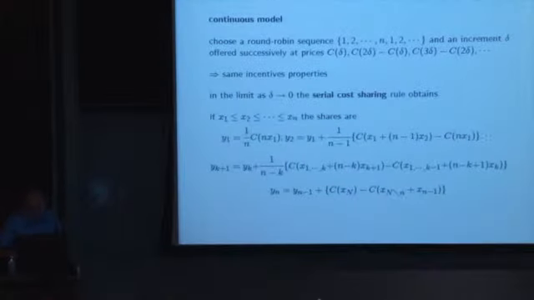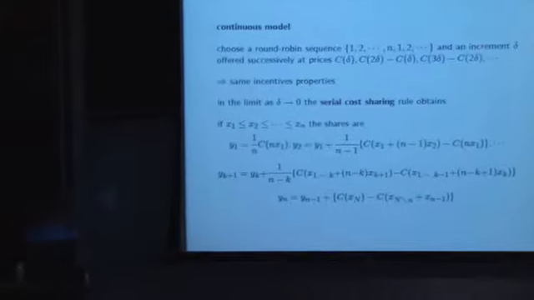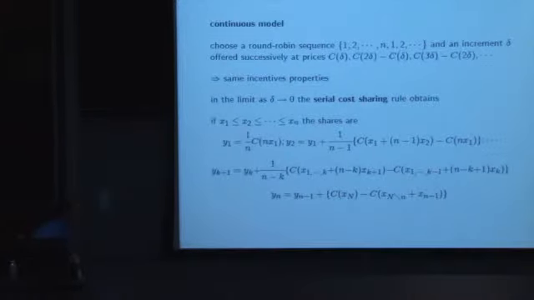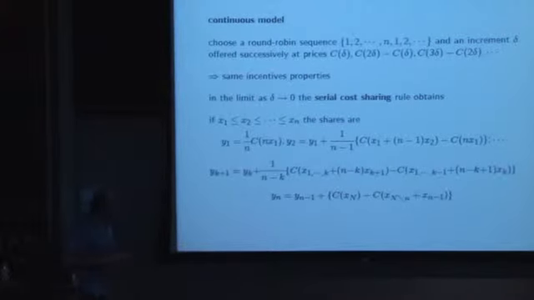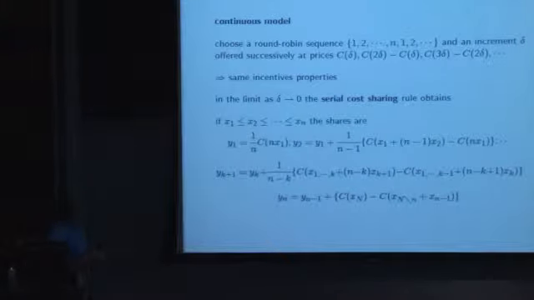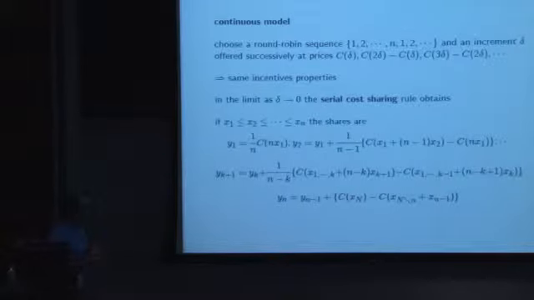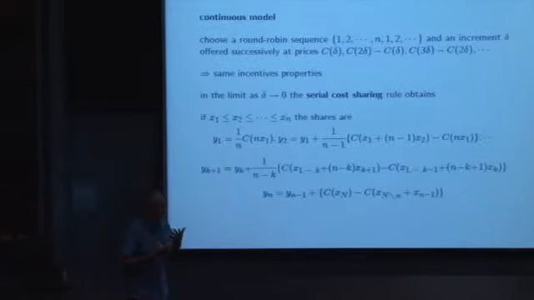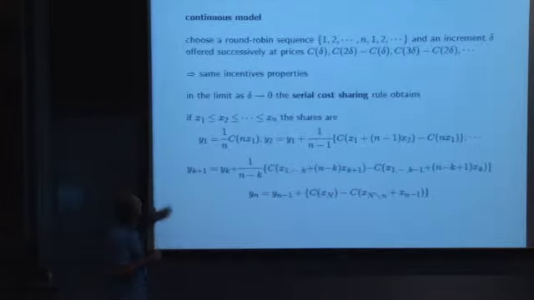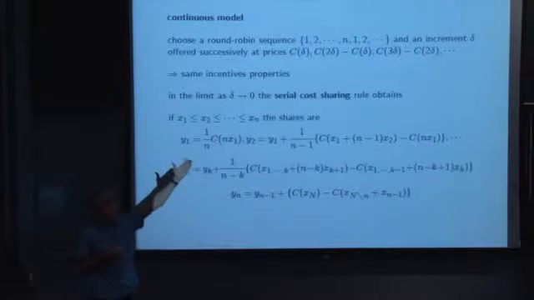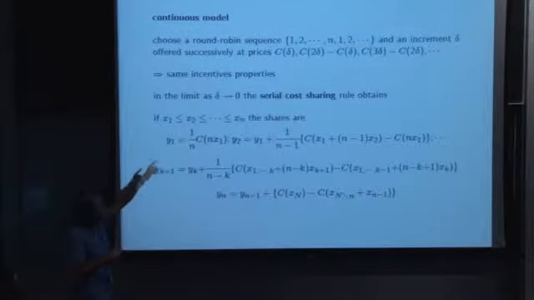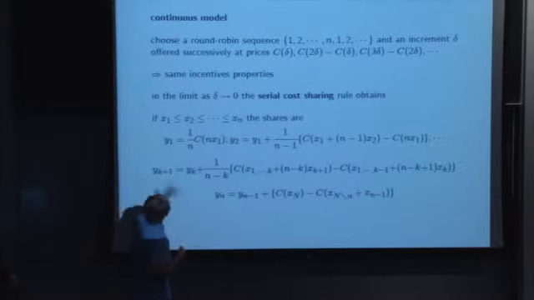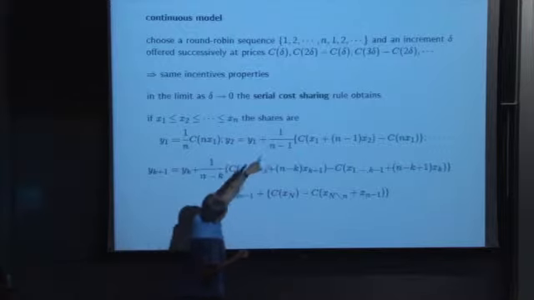Okay, continuous model. In the continuous model, this leads immediately to the serial cost sharing formula, the one that was invented by Scott Shenker, after which he and I worked on its strategic and axiomatic properties. Think of the continuous model as a limit of a round-robin sequence of units: 1, 2, 3, and 1, 2, 3, where you give one unit at a time, with an increment delta.